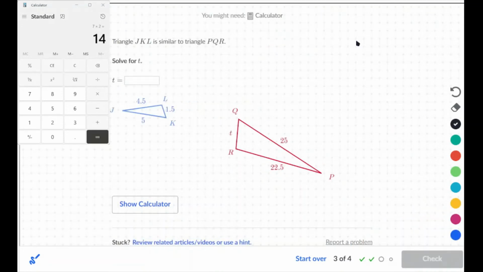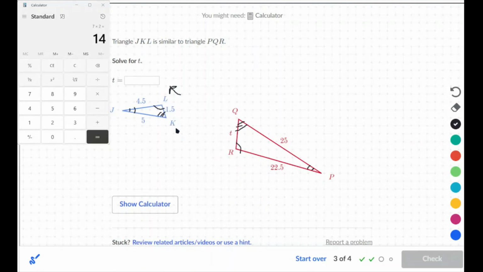Alright, let's do 2 more. So, same thing here. JKL is similar to PQR. So, let's make sure of the angles again. Angle R equals angle L. Angle J is equal to angle P. Angle K is equal to angle Q. Okay, so now all we have to do is put the sides there.